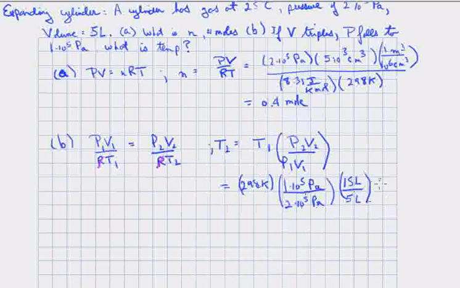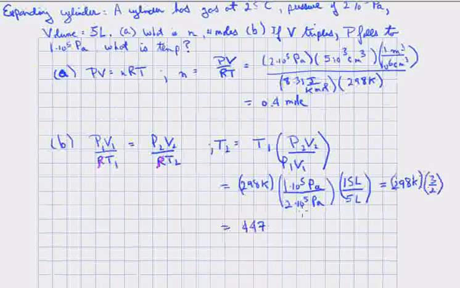So we have a multiplier of 3 over 2, 1.5 in other words, and 298 Kelvin times 1.5 gives a temperature of 447 Kelvin.